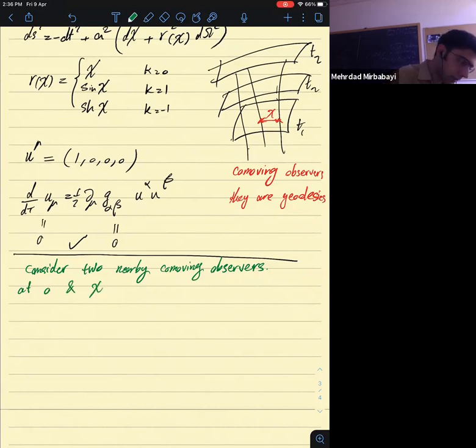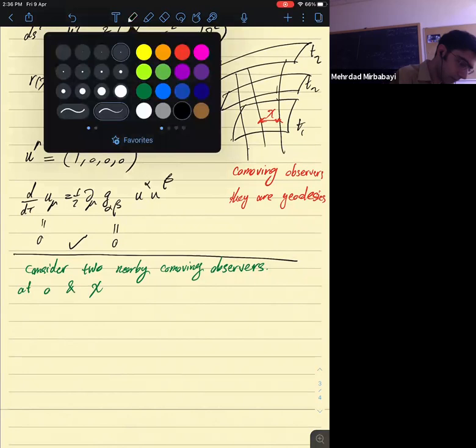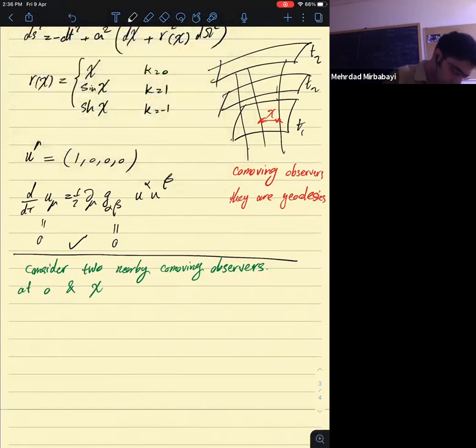Then the physical distance between them, let me call it x physical, between those two is a function of time, and it is given by a.